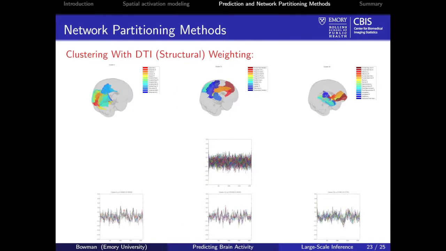This shows just the results of 3 clusters of brain regions that emerge from doing that. And these are time series for one subject for all of the regions together, and essentially these are partitioned into what you see here. These, in fact, are not the most coherent regions. They are regions that are involved in the default mode network, which is important for resting state data.